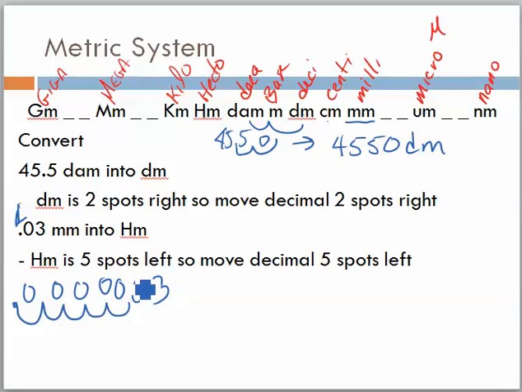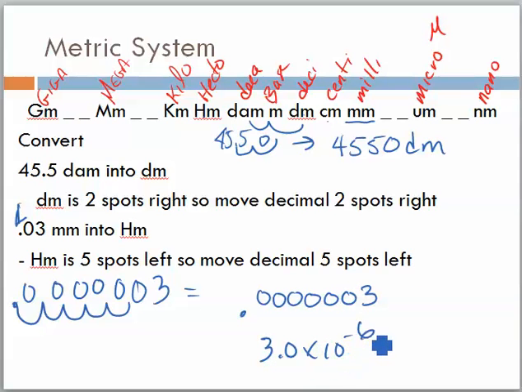And what that gives me then, just to look a little better here, is a point with 1, 2, 3, 4, 5, 6 zeros in front of it, which would also be 3.0 times 10 to the negative sixth, if we were to write it in scientific notation.